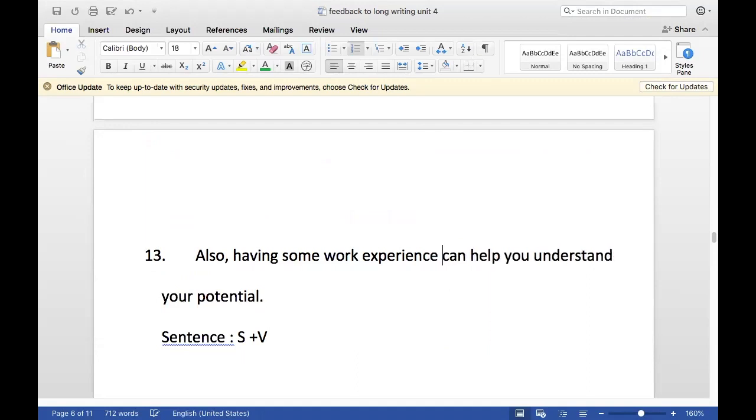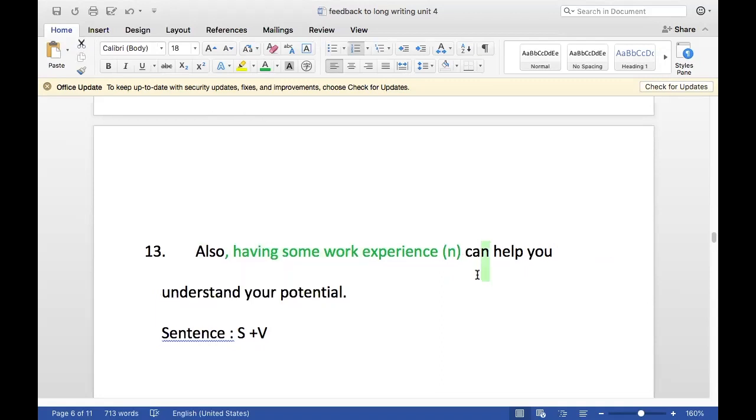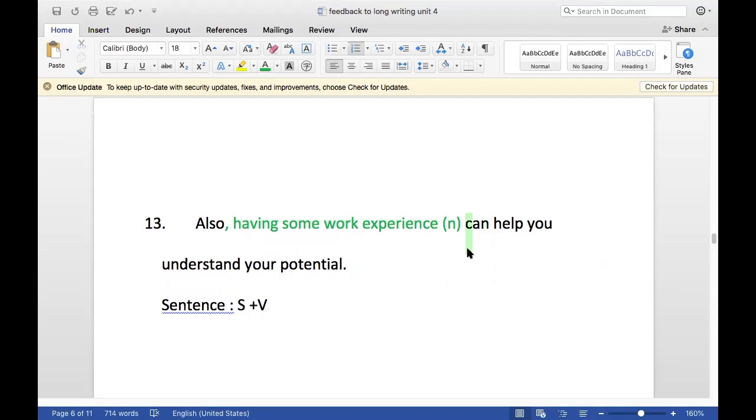Or having a paid internship can help you understand your potential. This is a subject. It's a noun phrase, right? A subject can help you understand. All right. In Chinese, we often start our sentence without a subject, right? Especially in spoken colloquial language. In formal writing, you must have a subject.